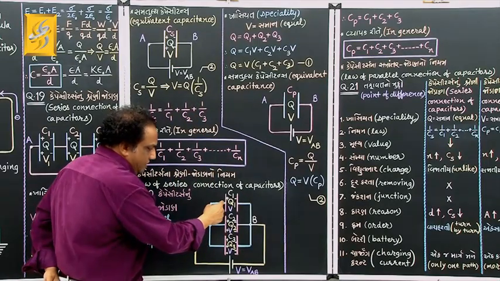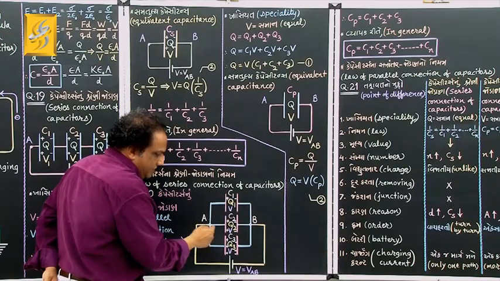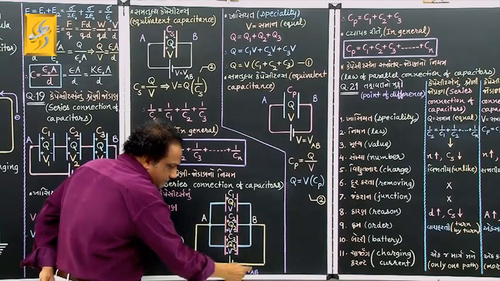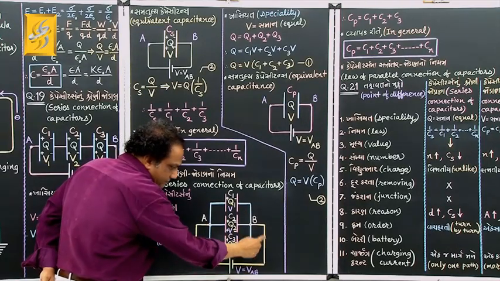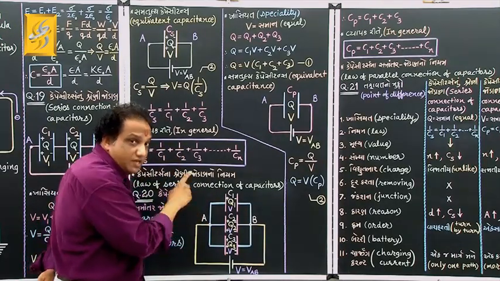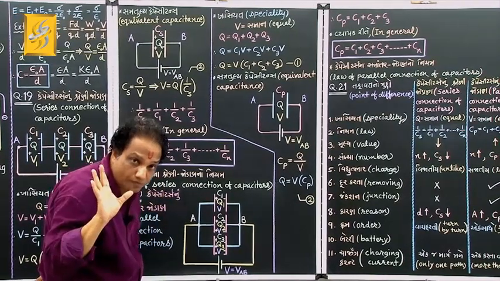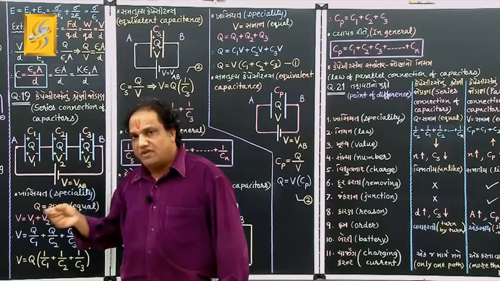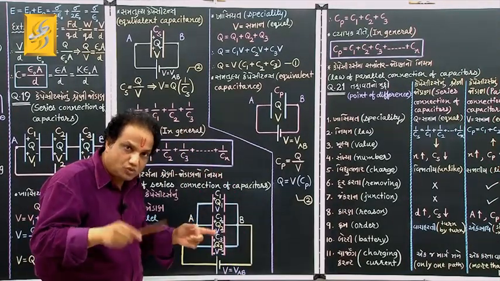Electrons will flow in this path also. Look here, this way. For second capacitor, electrons will flow this way. For the third capacitor, electrons will flow this way. Correct? So I mean to say, here charging current gets more than one path to flow. Here charging current gets only one path to flow. Here charging current gets more than one path to flow.